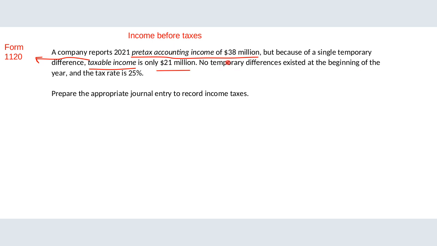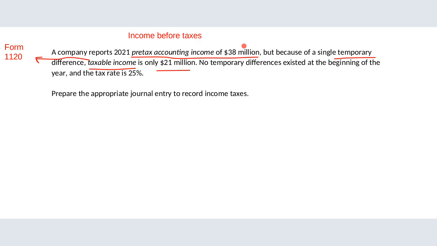So we can see that there is a difference between our income on the income statement and our taxable income, right? In this case, our taxable income is less than our net income per our books. What that means is that we have a temporary difference, because they told us here that we have a temporary difference. What we mean by temporary is that this difference is going to reverse in the future.